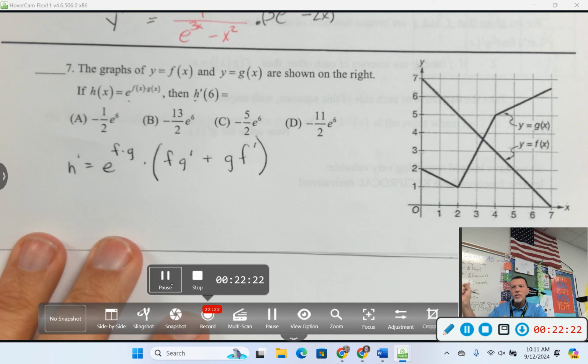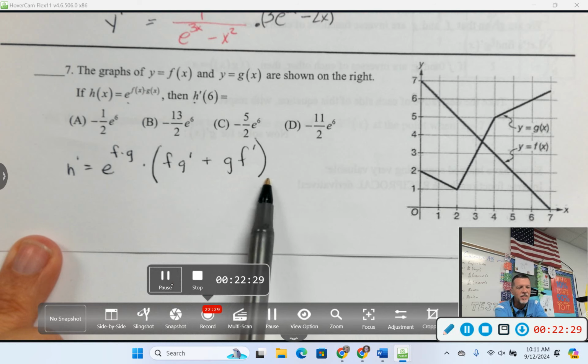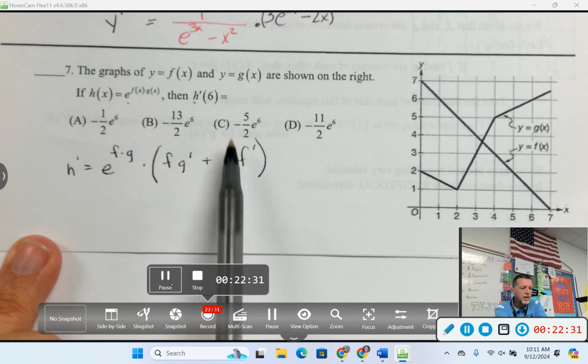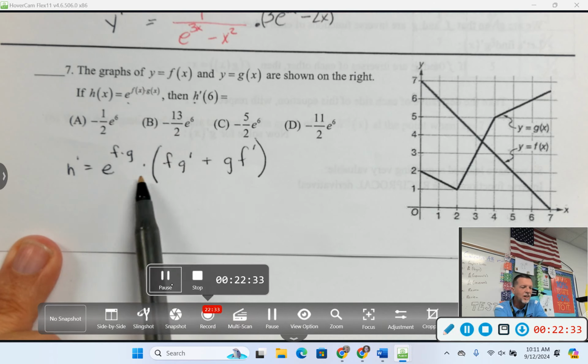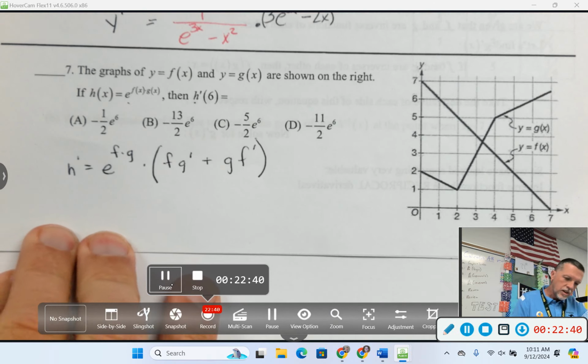Officially I'm supposed to have parentheses x after all of those, but that gets annoying to write 6 times, so I'm leaving it off, knowing that when it comes time to plug in 6, I'll need to find f of 6 and g of 6 and f prime of 6 and g prime of 6.